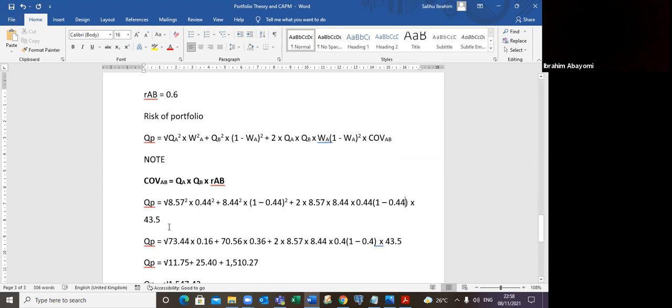There's a little mistake there. Then times 43.5. Covariance AB.